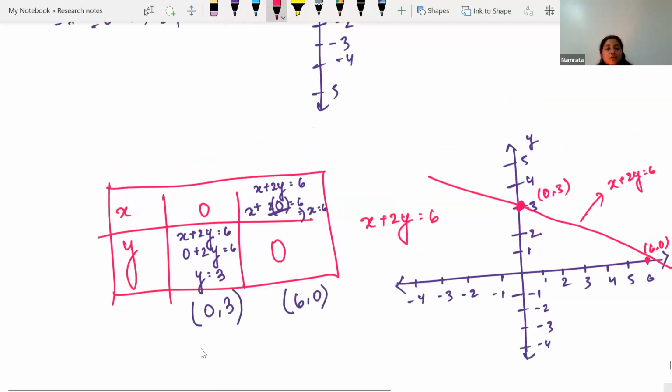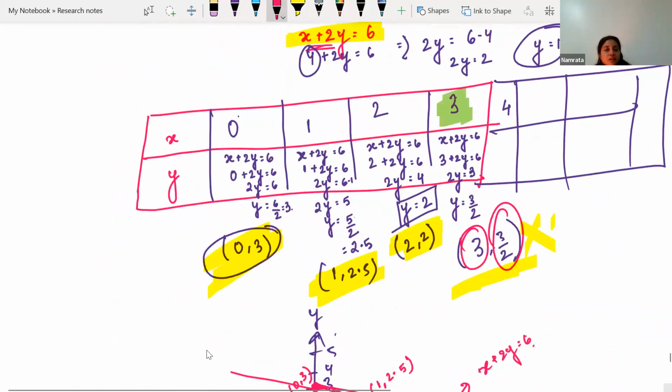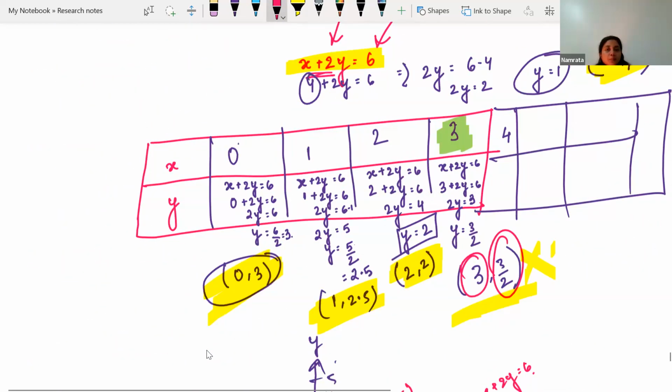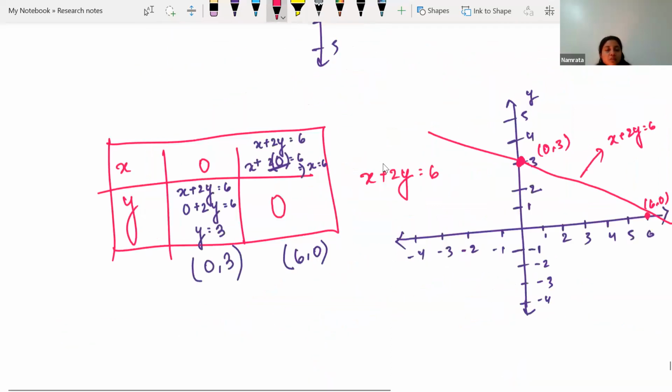So either follow the process of finding many points randomly, or follow this process of just taking 2 points and plotting the graph. But these 2 points are not random.